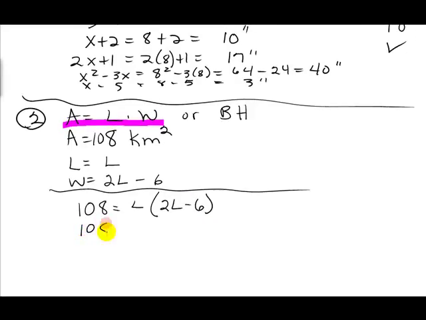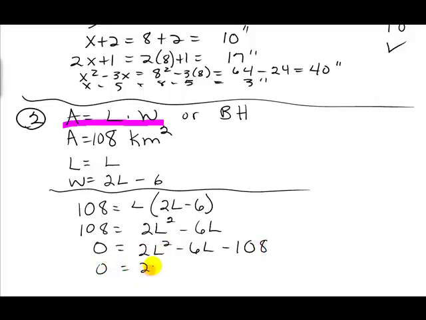Now we want to multiply. So 2L squared minus 6L. We want to solve this, so we need this to be 0 and bring that 108 over. Notice 2, 6, and 108 are all even, so we will factor out the 2.